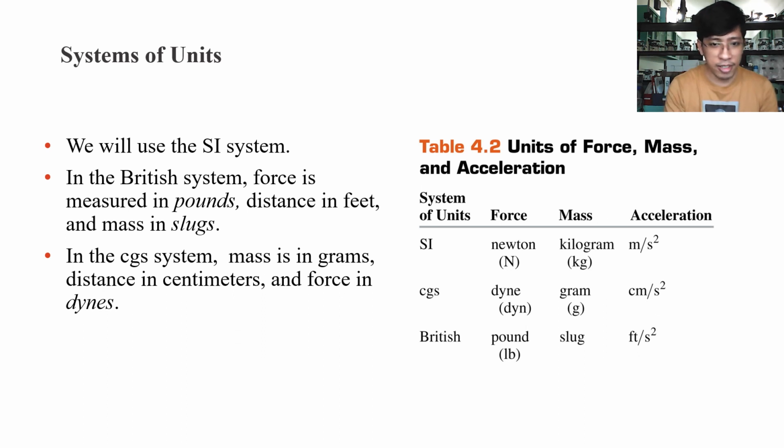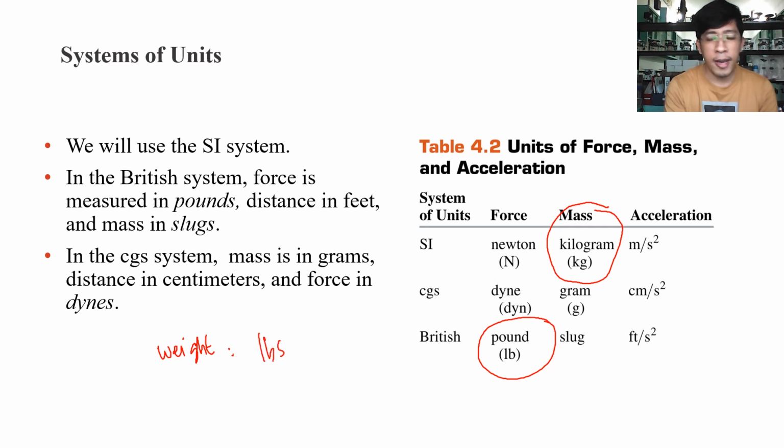So let's encircle these two interesting units. For mass, you have kilograms, and for force, you have pounds, lb. You've heard pounds several times when measuring the weight of boxers. They are actually measured in pounds.